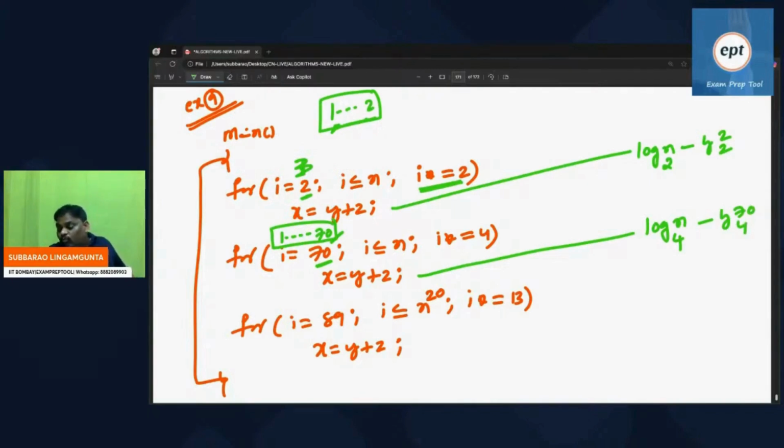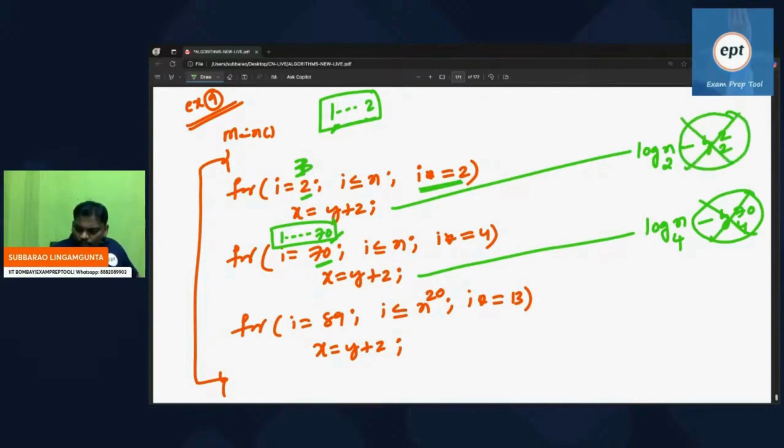That is also log only, but log 70 base 4. Anyhow, log 70 base 4 is a constant, so you can neglect it. Likewise, log 2 base 2 is one constant, you can neglect it, no problem.